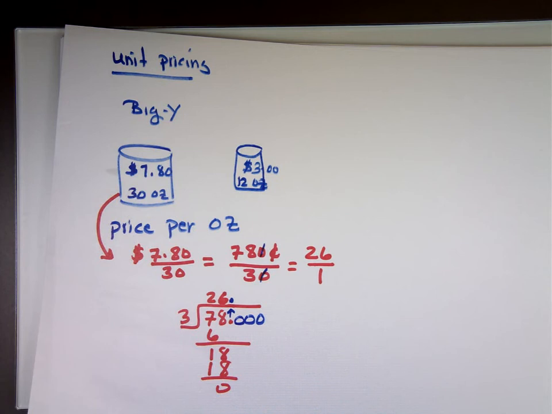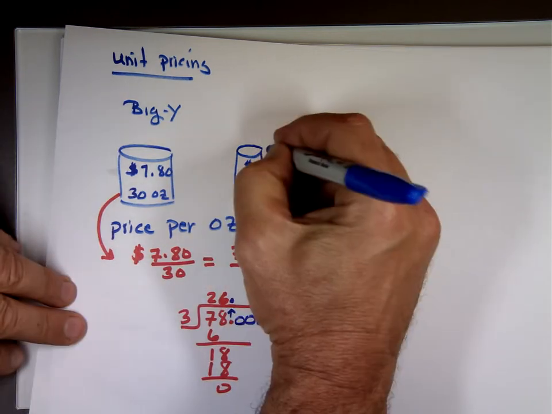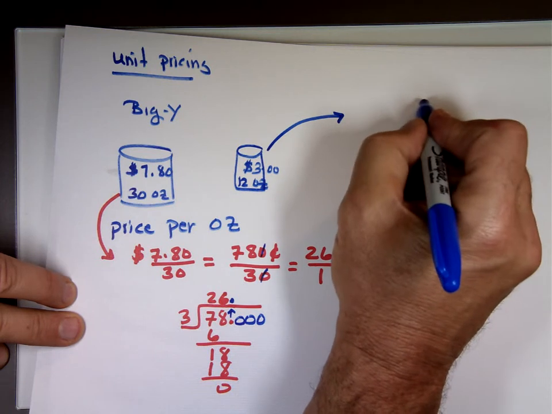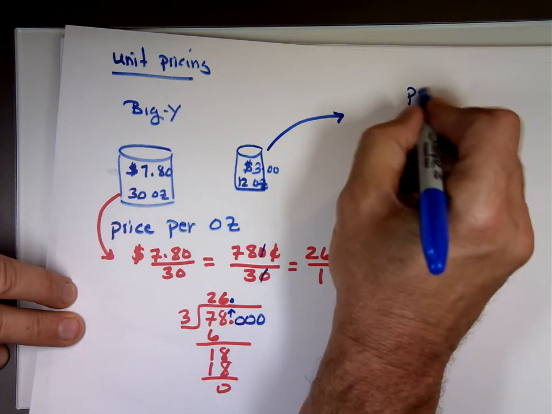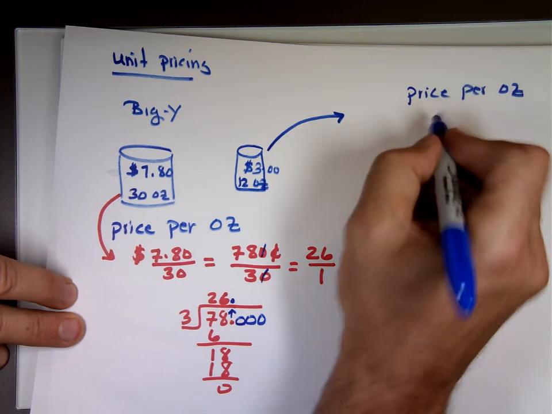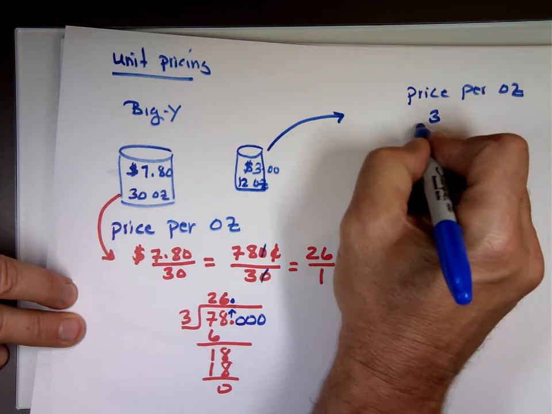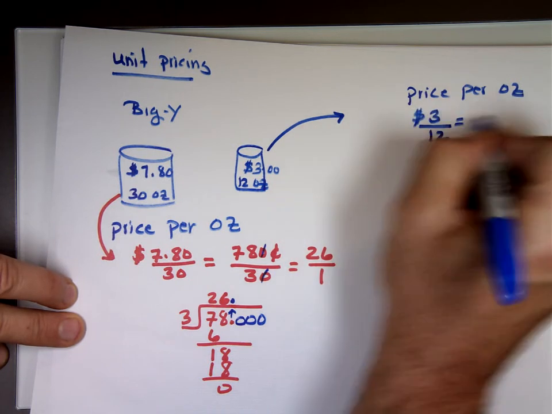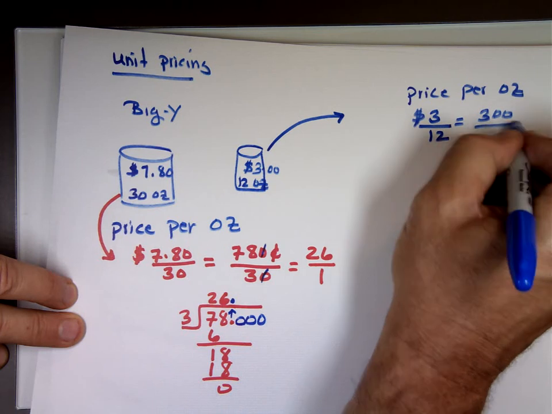Now let's look at the little can here. Price per ounce. The price is what? $3 for 12. Let's change it to pennies. That's 300 over 12.